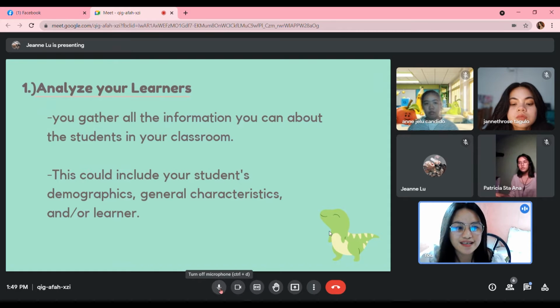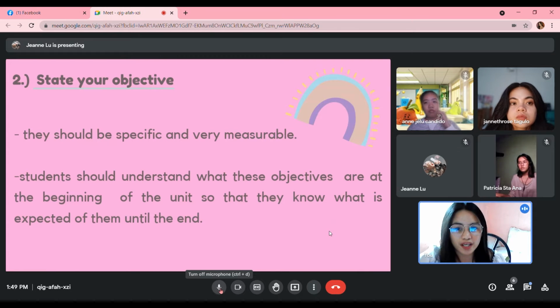Second one is to state your objectives. They should be specific and measurable. Students should understand what these objectives are at the beginning of the unit so that they know what is expected of them at the end.